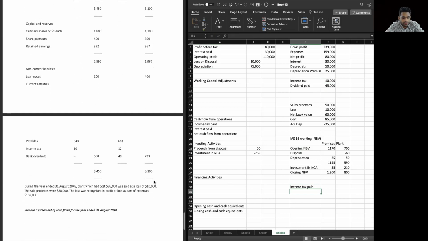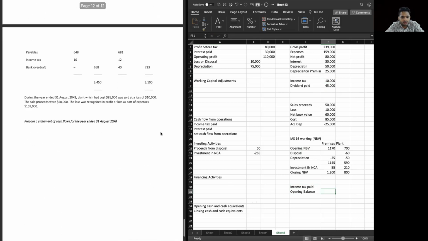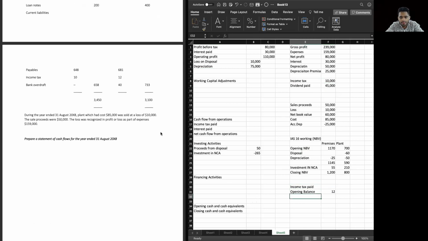Now, let's go to our current liabilities. You will see income tax. So the opening balance of your income tax is going to be 12. Your closing balance of your income tax is going to be 10.